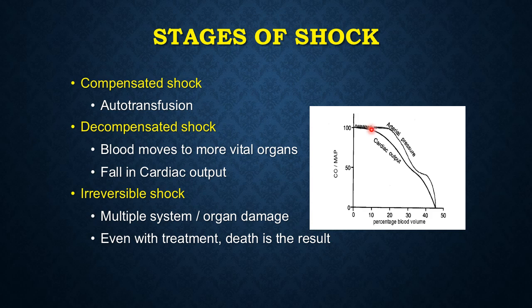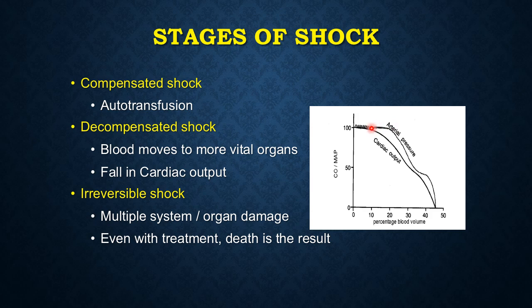However, as the bleeding progresses, the patient goes into decompensation and peripheral vasoconstriction takes place to divert the blood from the periphery to the vital organs, the brain, the heart, the kidneys, liver, and cardiac output has started decreasing.